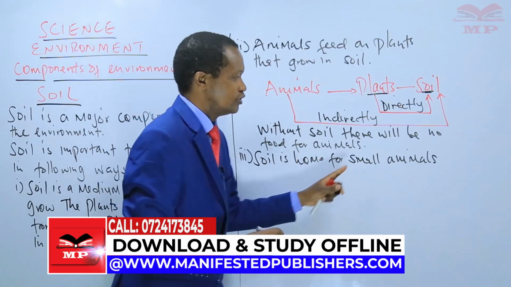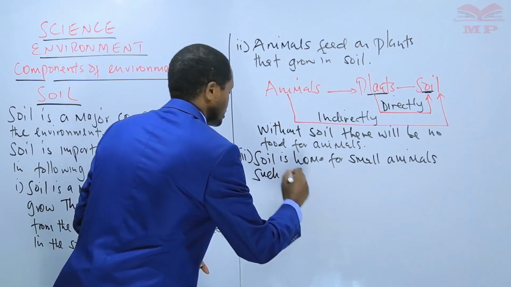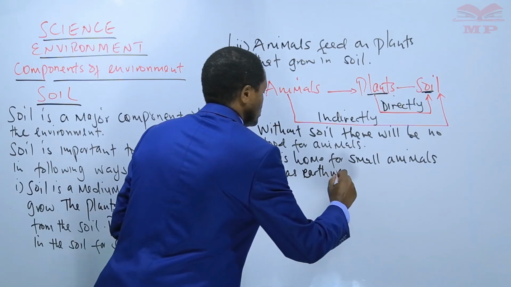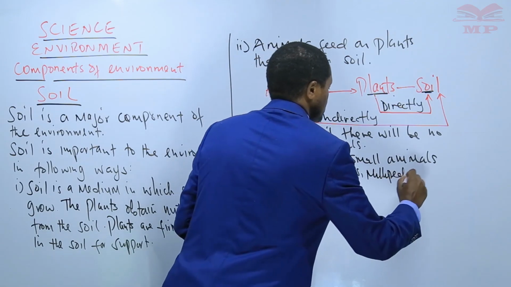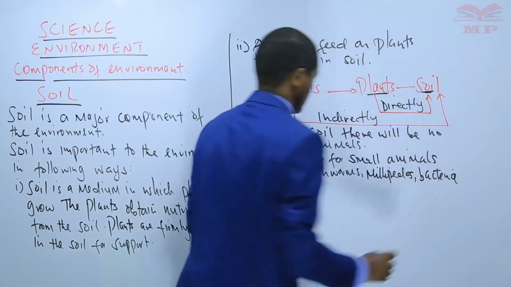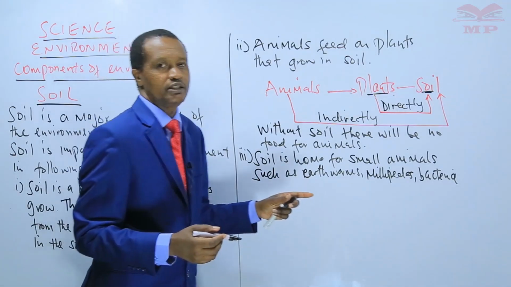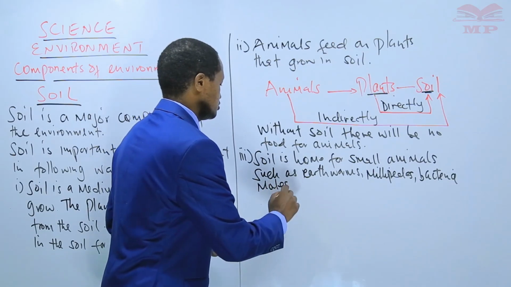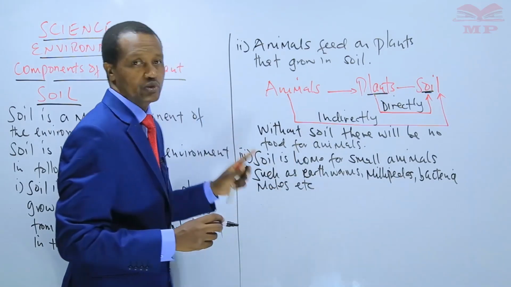Soil is home for small animals such as earthworms, millipedes, bacteria, moles, squirrels, etc. There are very many small animals that live in the soil.